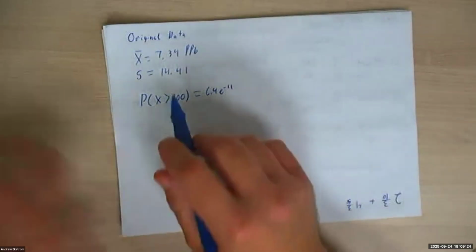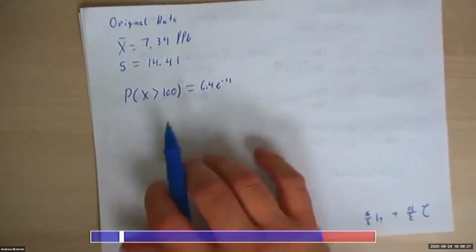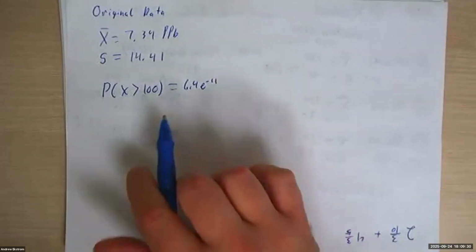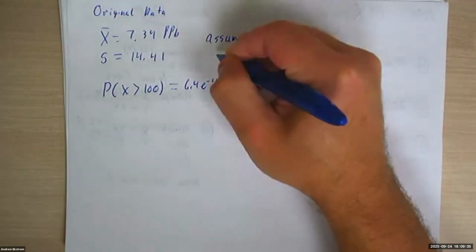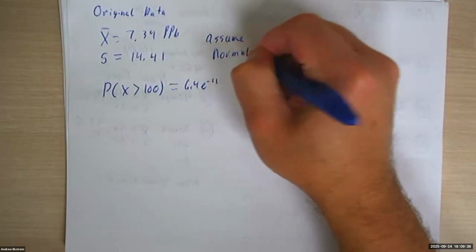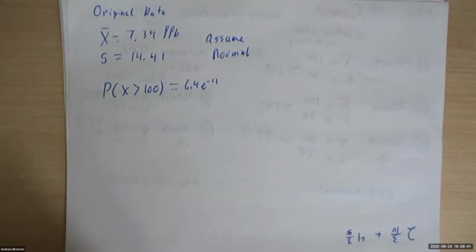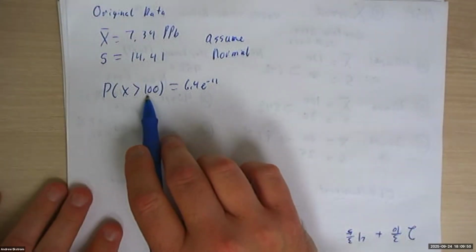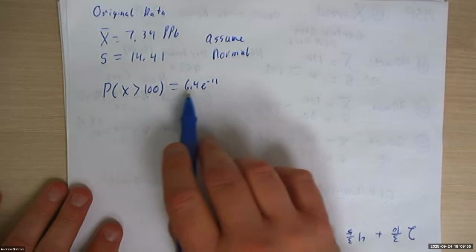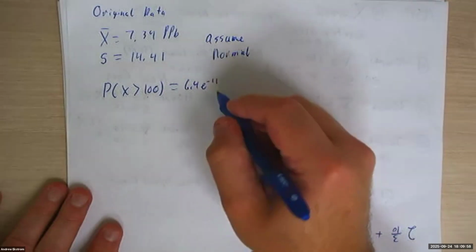What is that trying to tell us? So if I flip this over. Quite literally, again, based upon the data, if I assume a normal distribution, and this is all stuff that I was literally taught to do in my analytical chemistry class, what is the probability that we would get a data point that has 100 ppb of lead or greater comes out to be this value here.